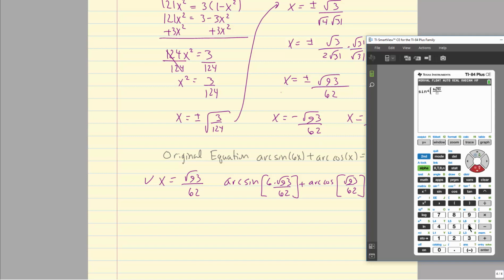The denominator is 62, close parenthesis, plus arc cosine, and I'll use my fraction key again, root 93 over 62. So this is going to give me a decimal approximation. Always check that you're in radian mode, and we are here. It's going to give me 2.61799, etc.